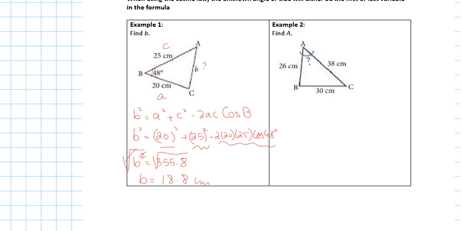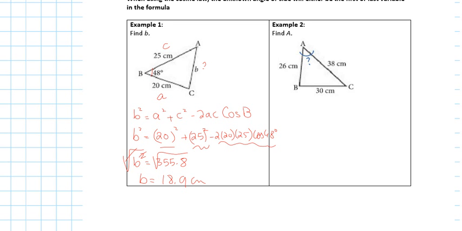The answer should be 18.9. Right? Yes. Was it 55.92?